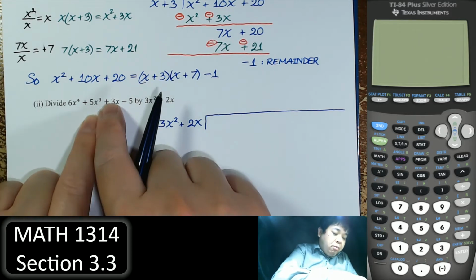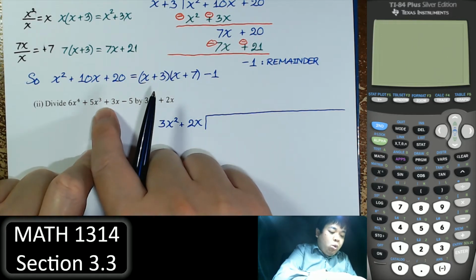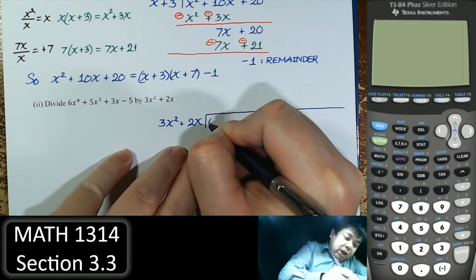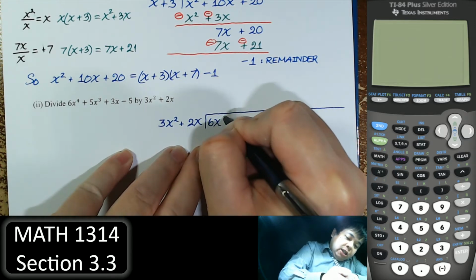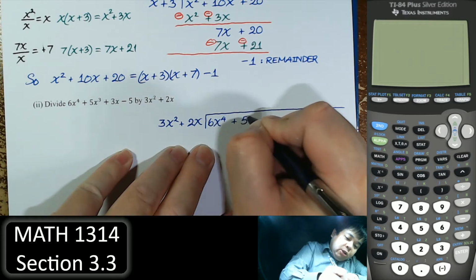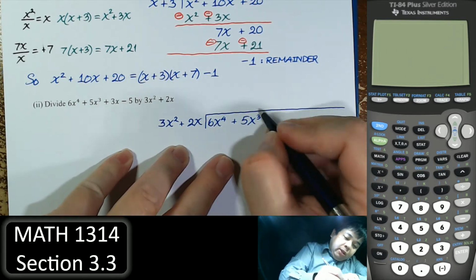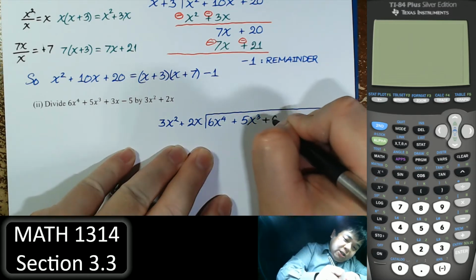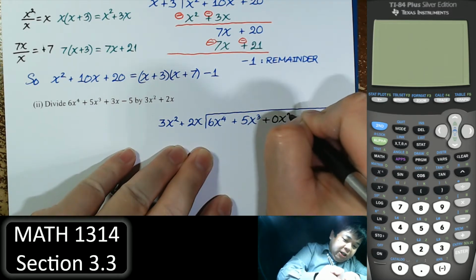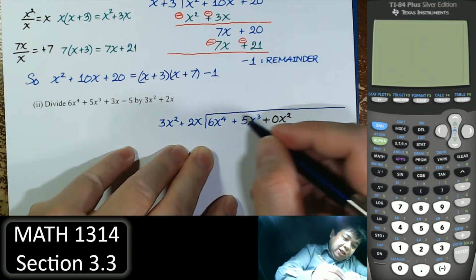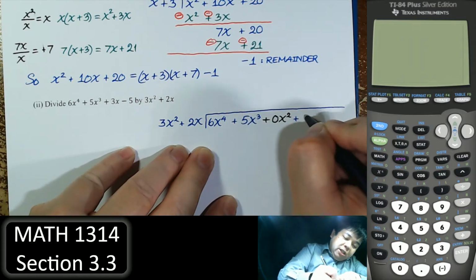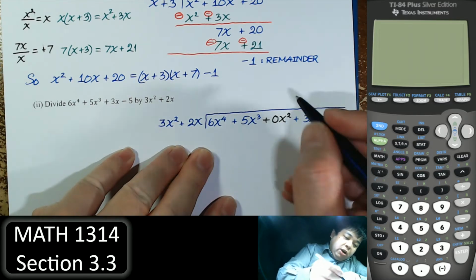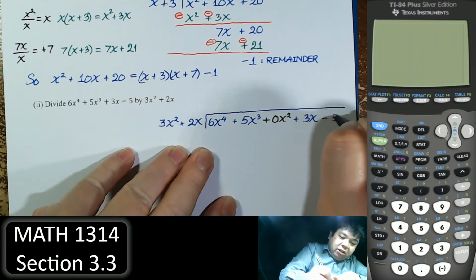Notice that we are missing the x squared, so we have to put some x squared there: 0x squared. 6x to the 4th plus 5x cubed, plus the 0x squared as just a placeholder, so we have all the degrees: 4, 3, 2, 1, and the constant, right?